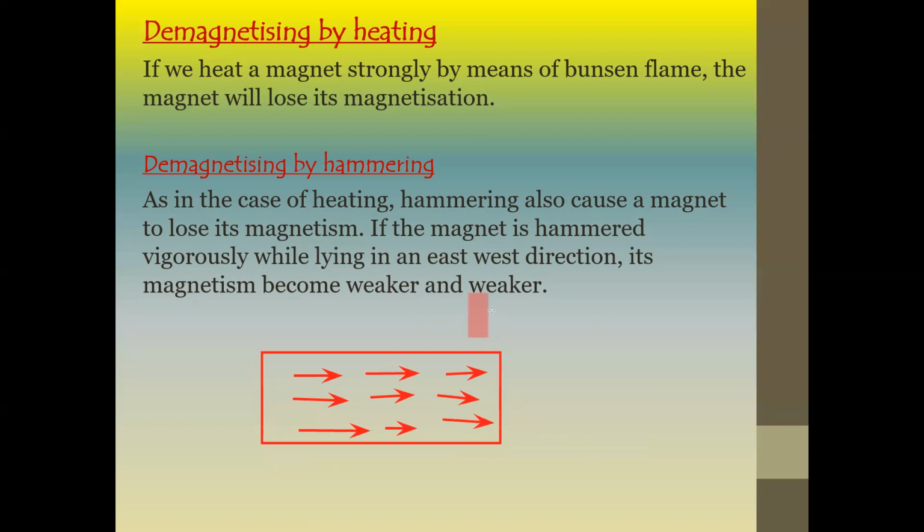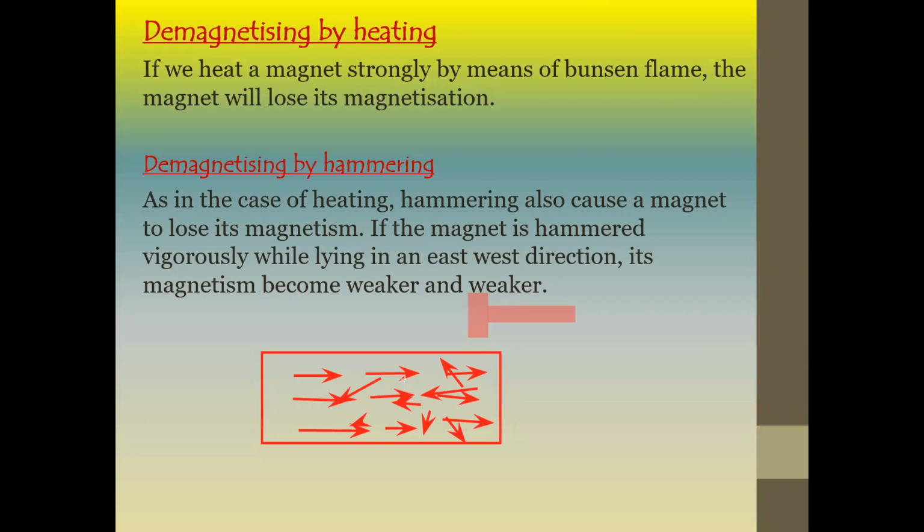As a result of this hammering, the domains become random, and when the domains become random, it means the material will be demagnetized. Is it clear, the technique of demagnetizing by hammering?